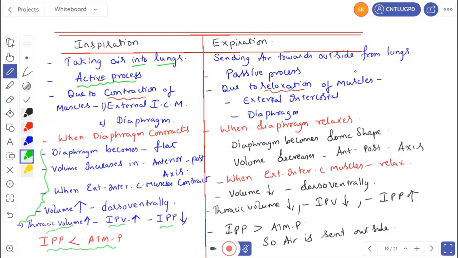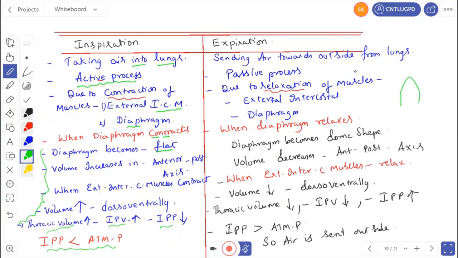Which muscles undergo contraction? External intercostal muscles and muscles of the diaphragm. When the muscles of the diaphragm contract, the diaphragm becomes flat. Generally we see that, yes, this one is the diaphragm.